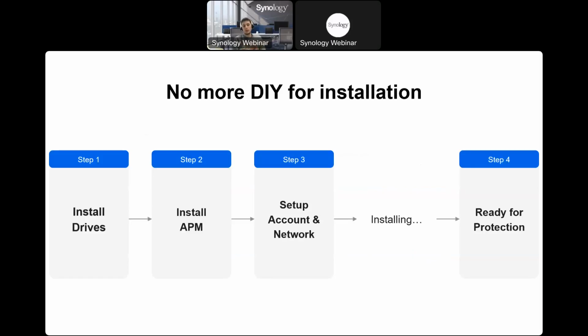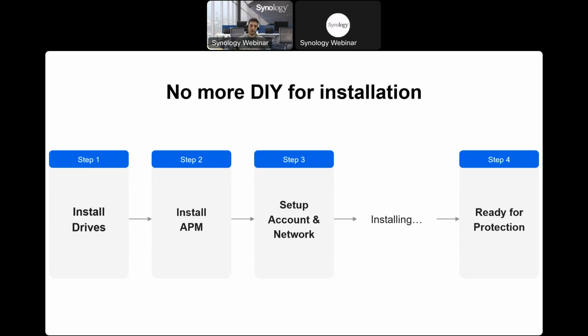So there will be no do-it-yourself for installation. During the initial setup, businesses only need to install the hard drives, install APM, and configure the network. The system will then automatically configure itself, create pools, and allocate volumes based on the corresponding capacities.